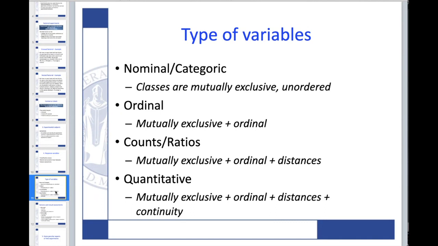With quantitative variables, which is the last type, we have another important characteristic apart from the exclusivity, the order, and the distances. We have the so-called continuity. We have no classes.